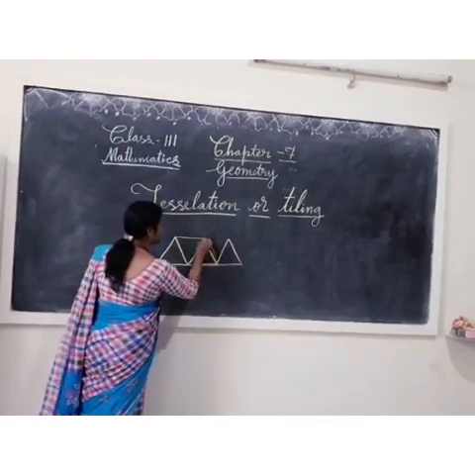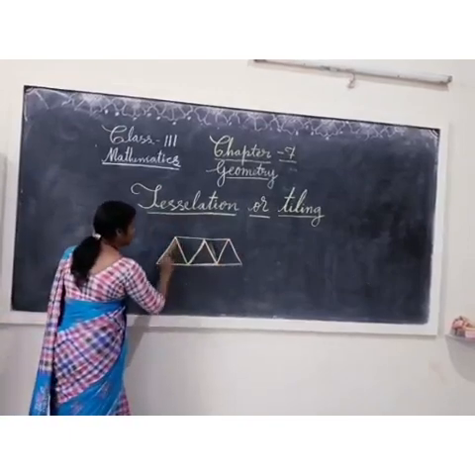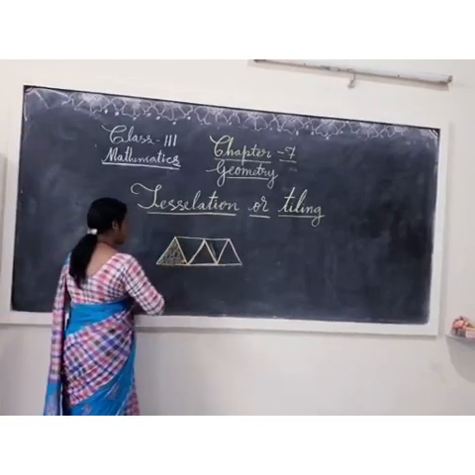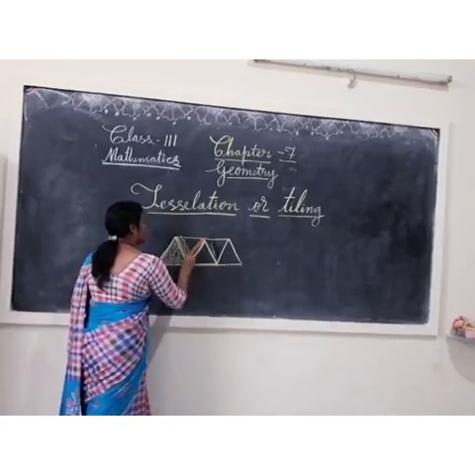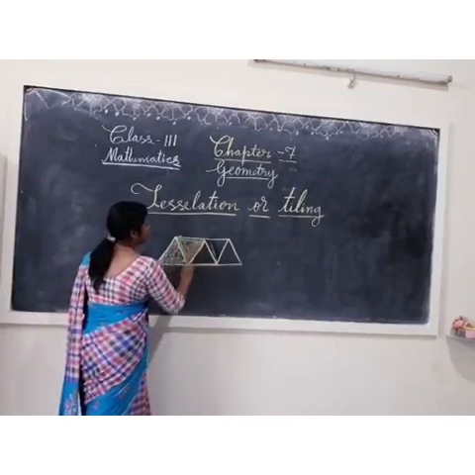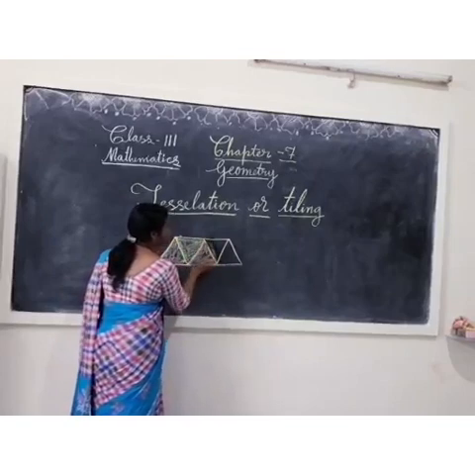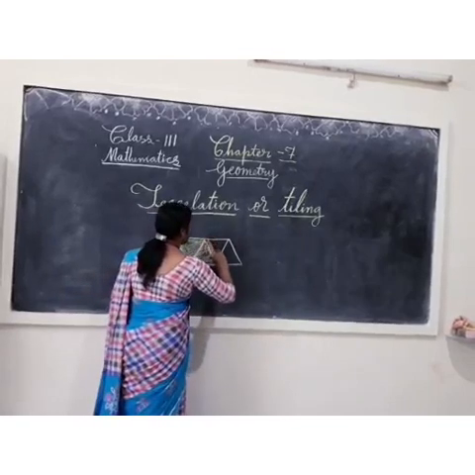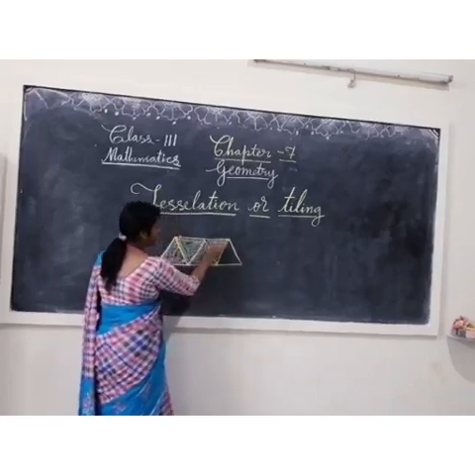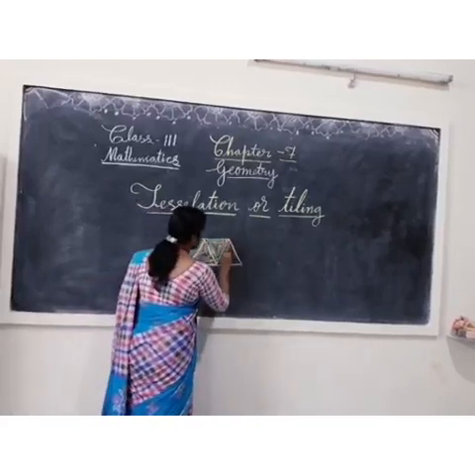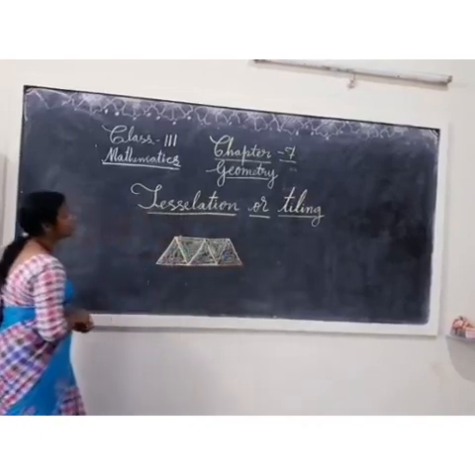Tessellation by drawing triangles. From here we can shape, here we can shape another, we can shape from here. Then you can find that there is no overlap. Here there is no overlapping. Triangle is a 2D shape. Here we have made a tessellation.